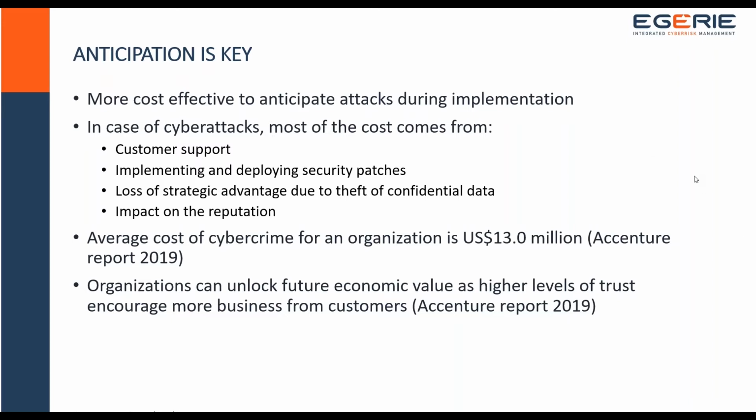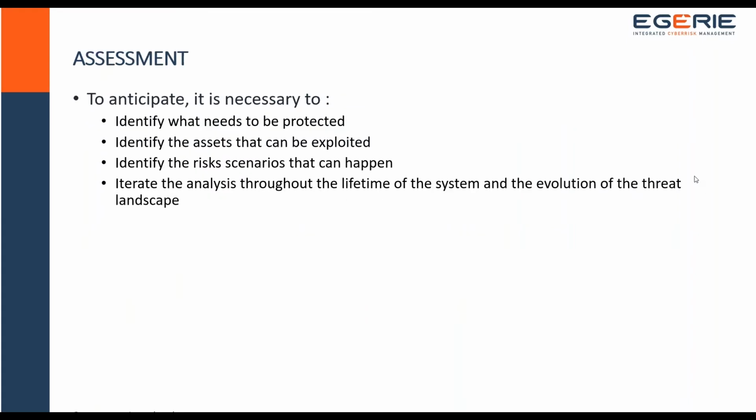So how can you anticipate those risks? To anticipate those risks, you need to identify first what needs to be protected. Then you identify the supporting assets that can be exploited to attack what you want to protect. You have to identify the risk scenarios that can happen.